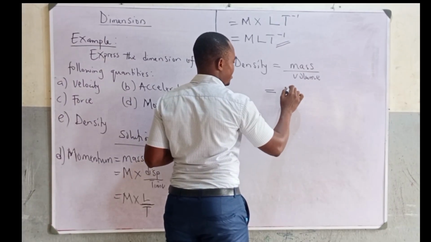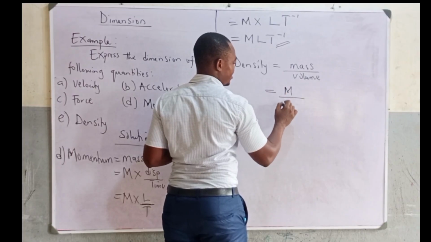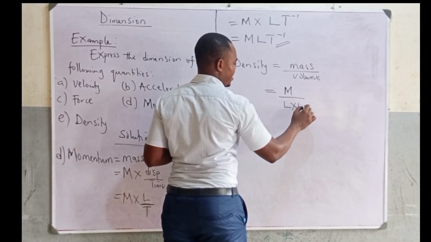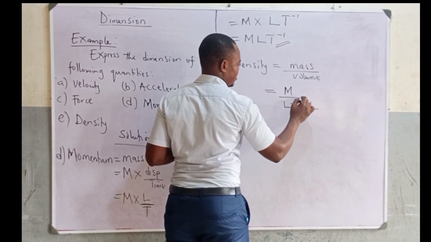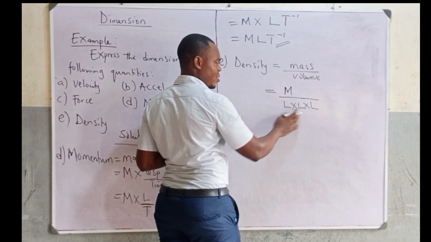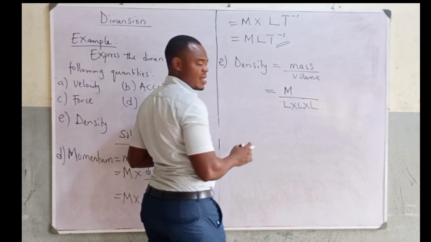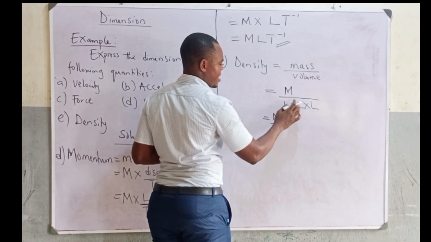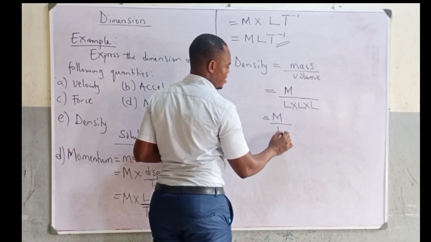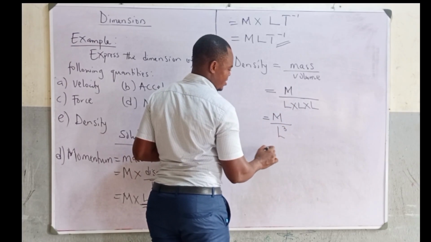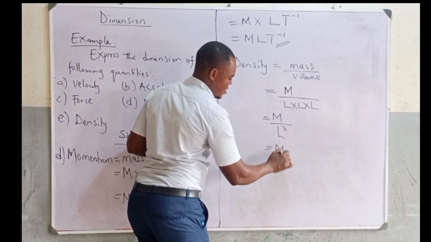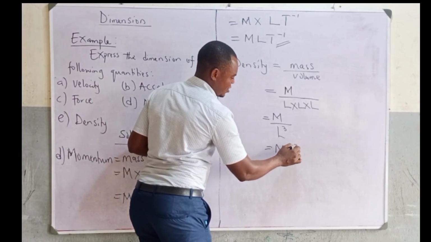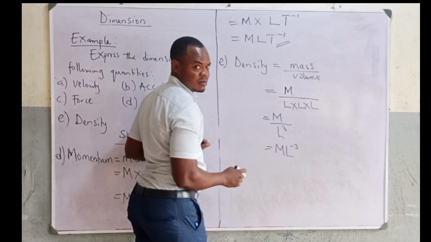Mass is capital M. Volume is length times breadth times height, because it's all measured in length. So L, L, L. So this is M over L times L times L, which is L raised to 3. So this is M, L minus 3 coming up.